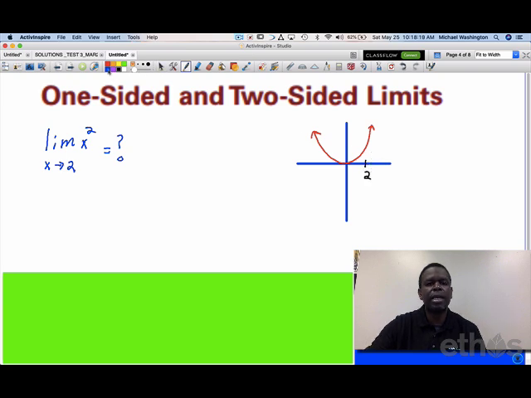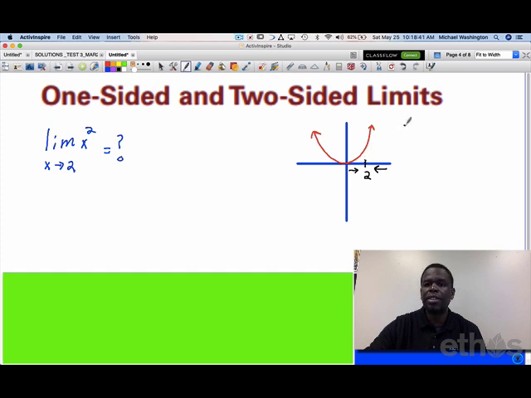What we're actually saying is we're going to be approaching 2 from the left side and from the right side, is what this notation means. So we're asking, the question is this: as I approach 2 from the right side and as I approach 2 from the left side, we want to know what is the y value of the actual function.